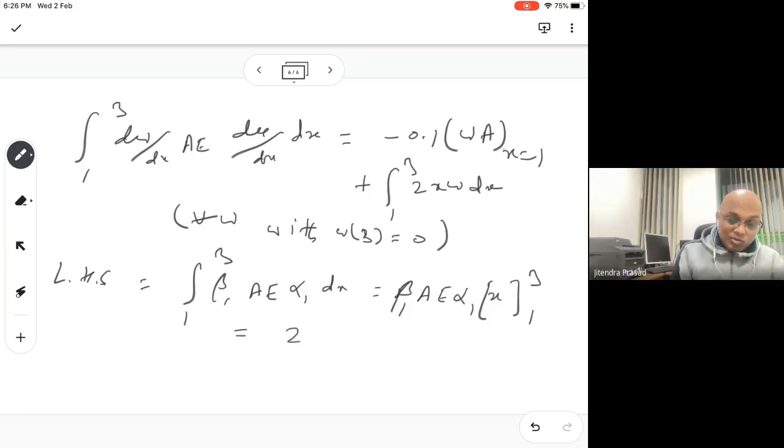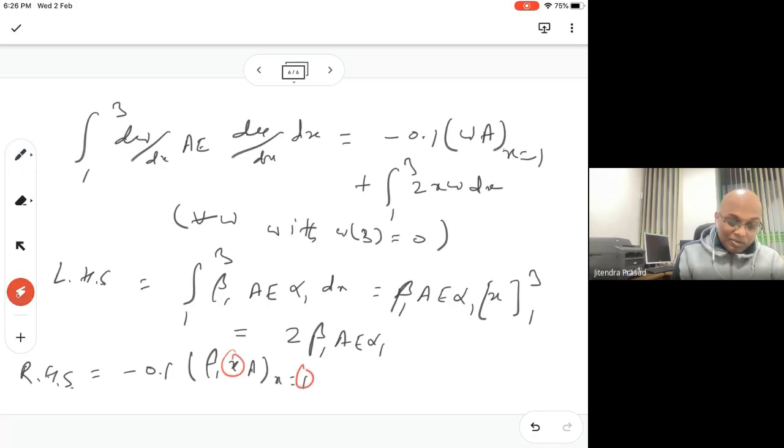We get 2 beta 1 AE alpha 1. So this is the left hand side. The right hand side is equal to minus 0.1. Then we have w, which is beta 1, times A at x equal to 1. So simply x equal to 1 we put and we get this value.